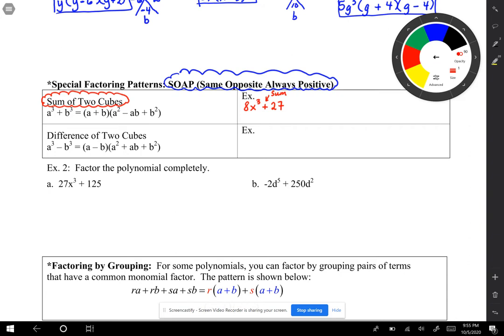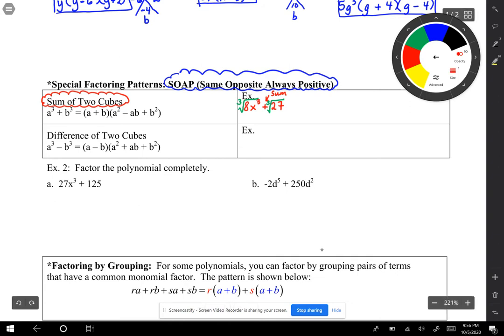And so the way to look at that is, what number multiplied by itself 3 times gives you 8, and it's going to be 2. Another way you could look at it is this. Put a cube root out here. Cube root. And then that makes it a little easier.